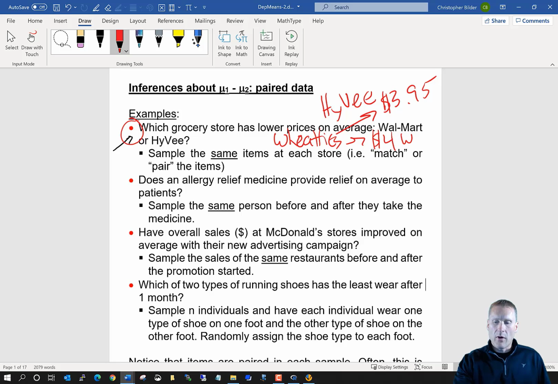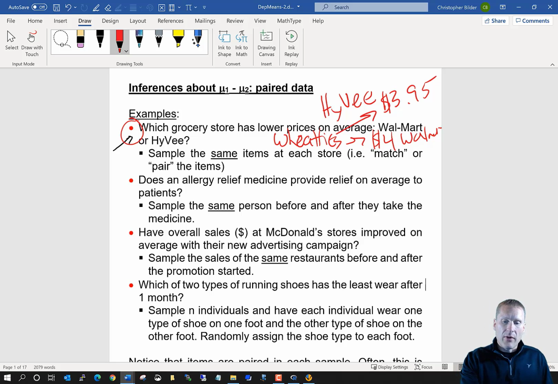So $4 at Walmart for Wheaties, $3.95 at Hy-Vee for Wheaties. So how we've sampled this item, Wheaties, a breakfast cereal, is dependent on one another at the two different places.